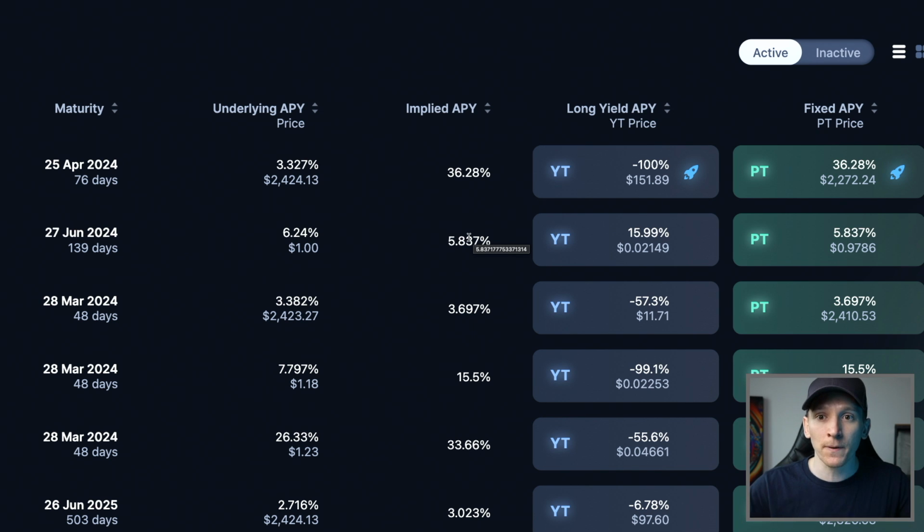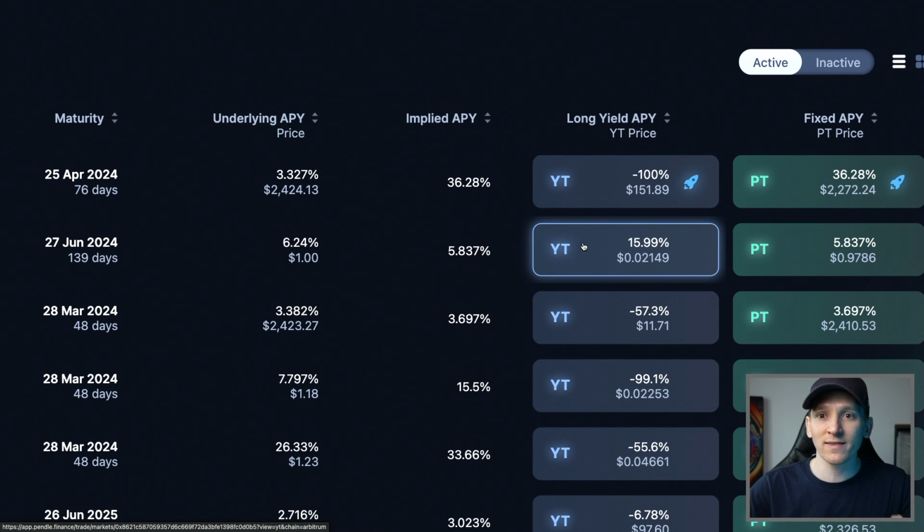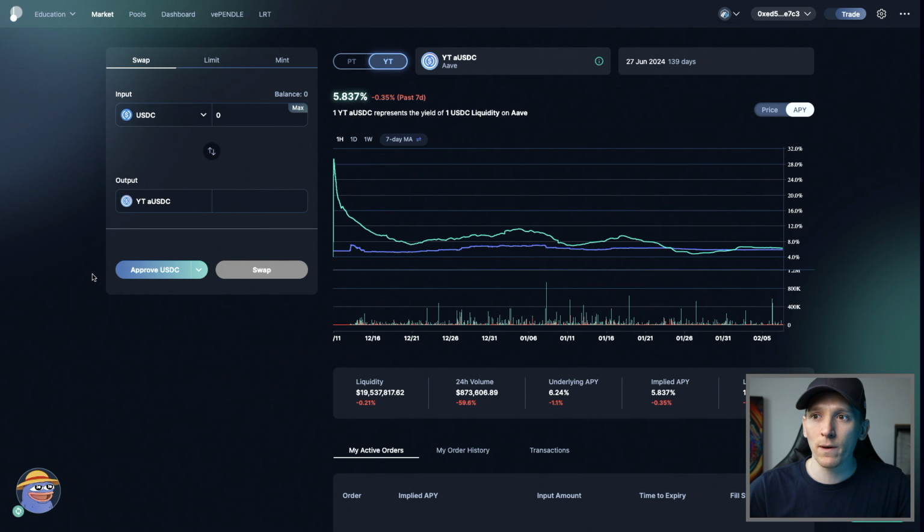So we can just keep it and keep that yield. But what it also enables, because this is now tokenized, is that we can trade this token by itself for capital gains and losses. So we don't have to wait 100 days. What we can do is buy the yield token at 5.8%. So we'll click this. All right, and so now we're buying this yield token at 5.8% yield.